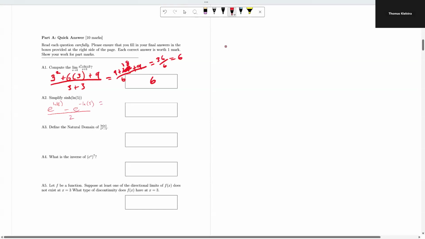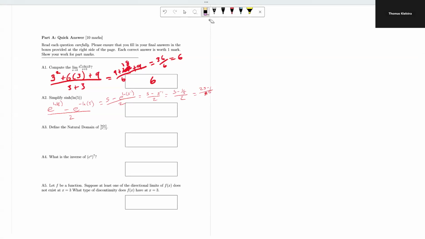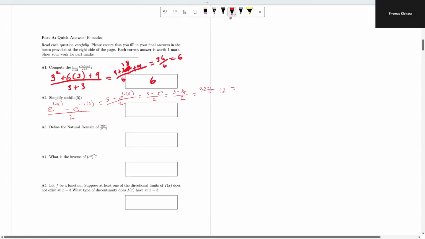This equals 5 minus e to the ln of 5 to the minus 1 over 2, which equals 5 minus 5 to the negative 1 over 2, or 5 minus 1 over 5 all over 2, which equals 25 minus 1 over 5, all divided by 2, which equals 24 over 5 times 1 over 2 equals 12 over 5.